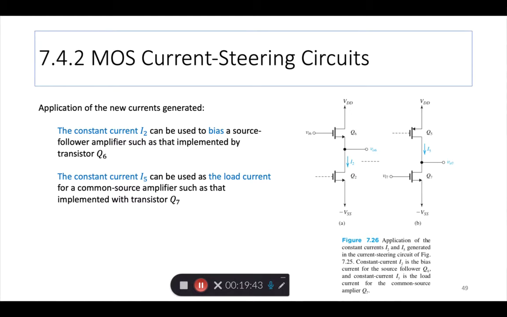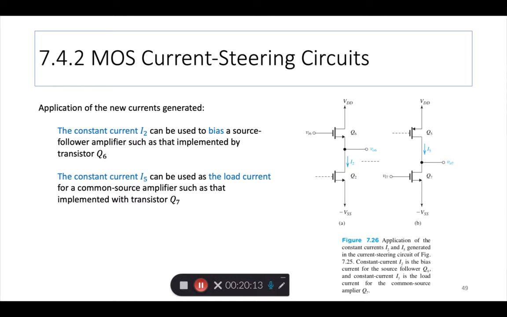It is being used as a common source amplifier, and it needs a bias current, which normally you would stick a resistor here for if it was a discrete circuit. But because it's an IC circuit, you show a current source on top, and that current source is Q5, which now we know how it came into existence in the previous slides.